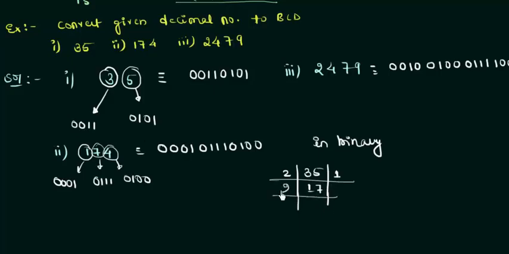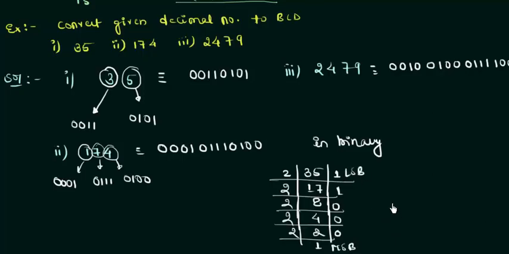Similarly, 17 goes 8 times with remainder 1. This 8 goes 4 times with remainder 0. This is 2 to the power 0, 1, and so on. So this is your MSB and this is your LSB. So it is 100011.